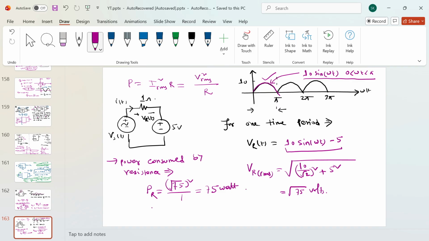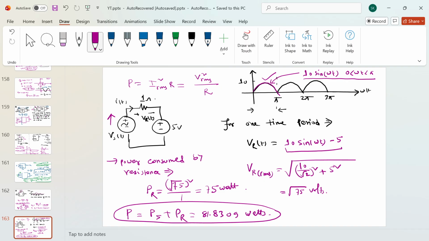And the total power delivered by this Vs(t) is simply P equals P5 plus PR, which is 6.8309 plus 75, so 81.8309 watt. So this is the answer.